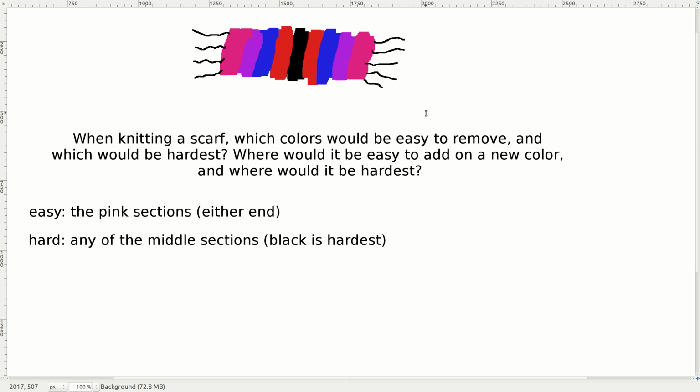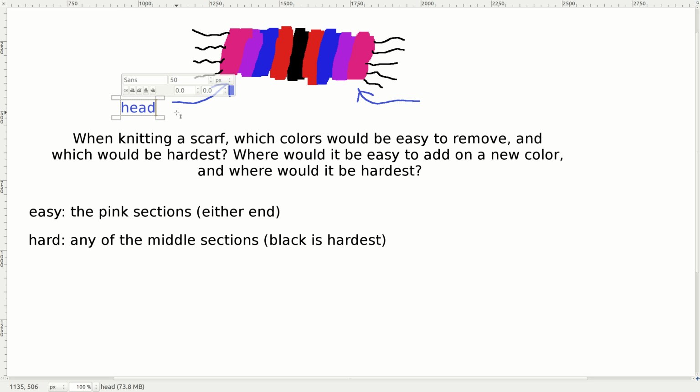So if we step back into our data structure territory here, and we think about some of the terms that we were learning and some of the ideas that we were talking about recently, we could think about this as the head and the tail of a list that we're working with.